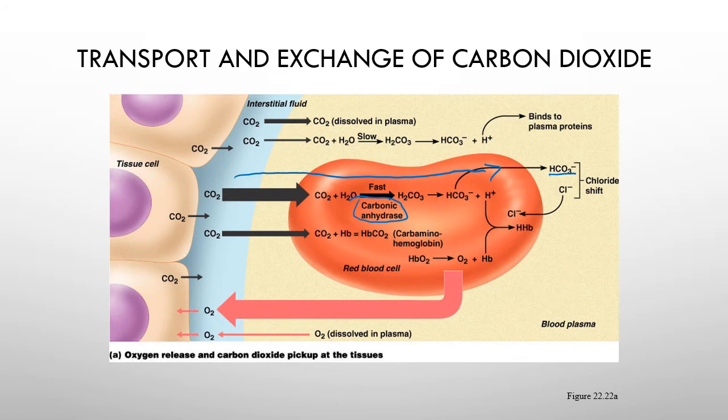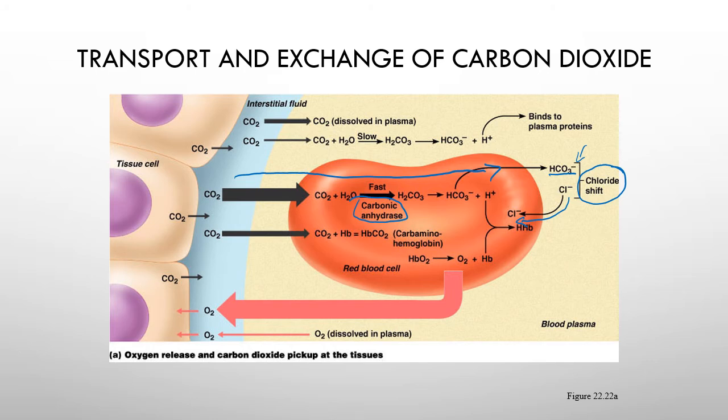Since we just moved a negative ion out into the plasma, we're going to get a negative ion moving back into the red blood cell, and this is what we're going to call the chloride shift. So we're going to get a shift of chloride ions into the red blood cells as those bicarbonate ions move out. And then the process itself is going to basically be reversed as we move into the lungs as well.